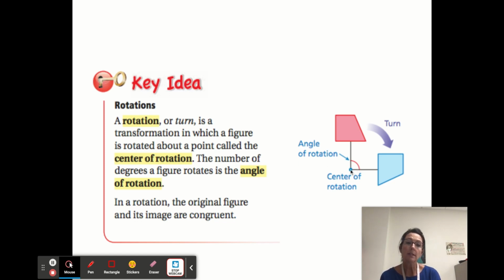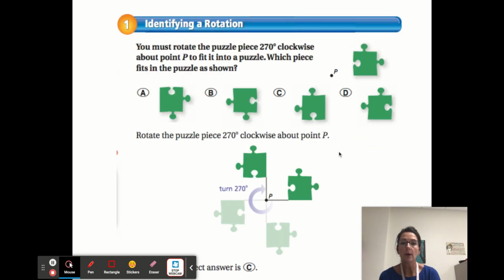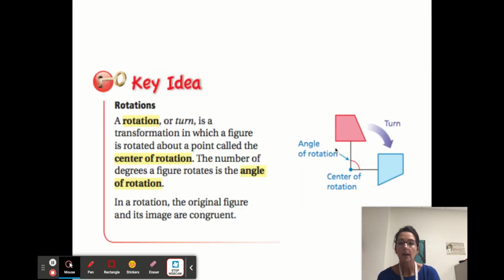When we talk about the angle of rotation, we're talking about each point in relation to that center of rotation. So let's say we're dealing with this point right here. Let me get to a pen here.